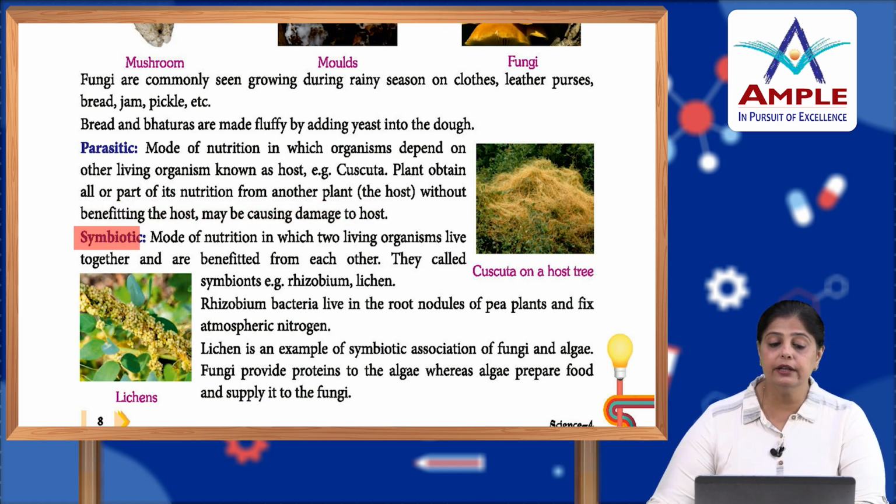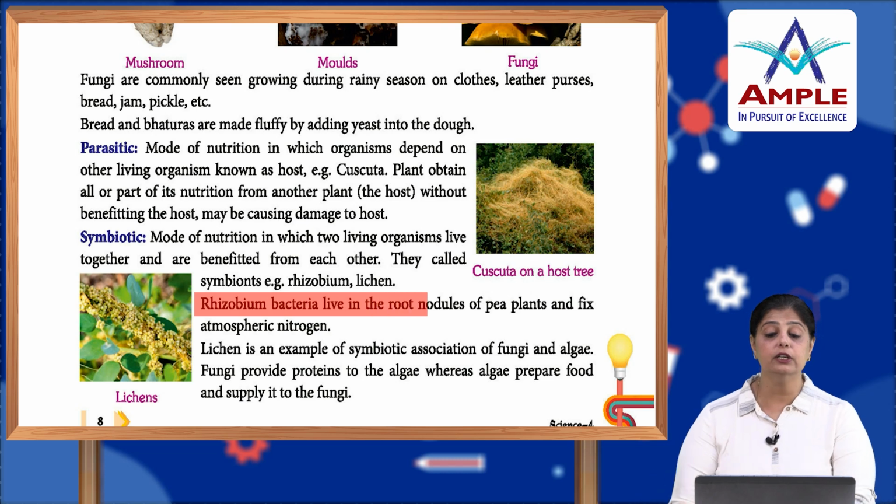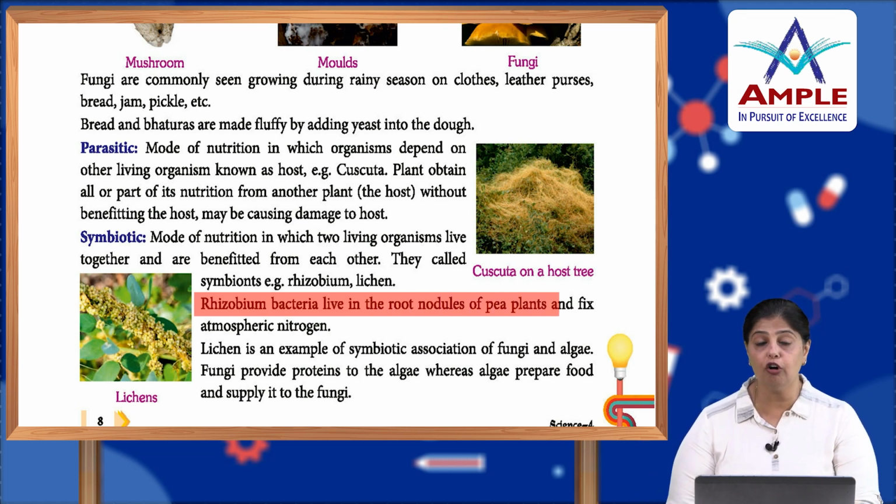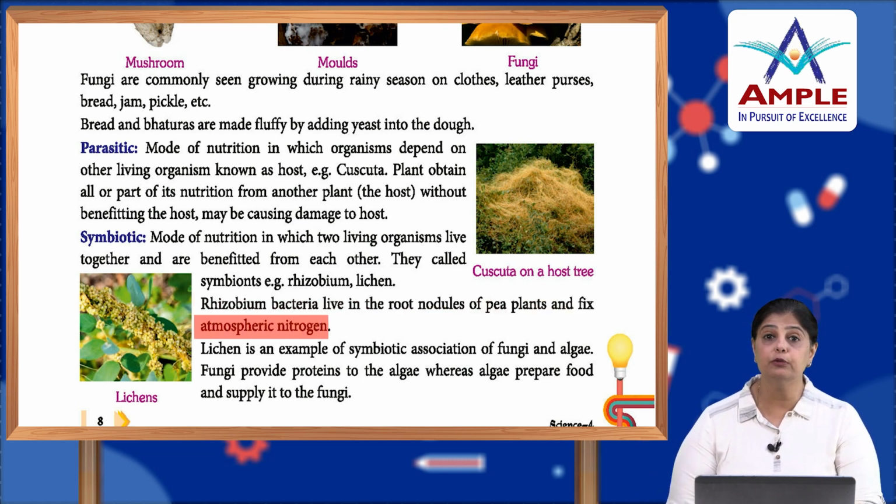Now then there is the symbiotic mode of nutrition, in which two living organisms live together and benefit from each other. They are called symbionts. Example, rhizobium or lichen. Now what is rhizobium? Rhizobium bacteria live in the root nodules of pea plants and fix atmospheric nitrogen. So these are the symbiotic plants.